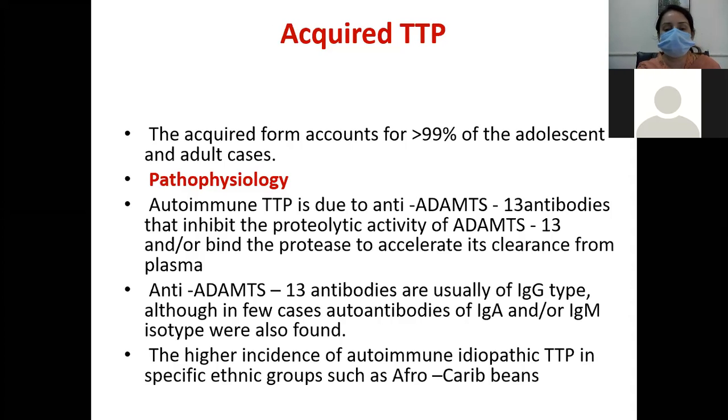Anti-ADAMTS13 antibodies are usually of immunoglobulin G type. Also, in a few cases, autoantibodies of immunoglobulin A and immunoglobulin M isotype were also found in these patients. The higher incidence of autoimmune idiopathic TTP is seen in specific ethnic groups such as Afro-Caribbean.